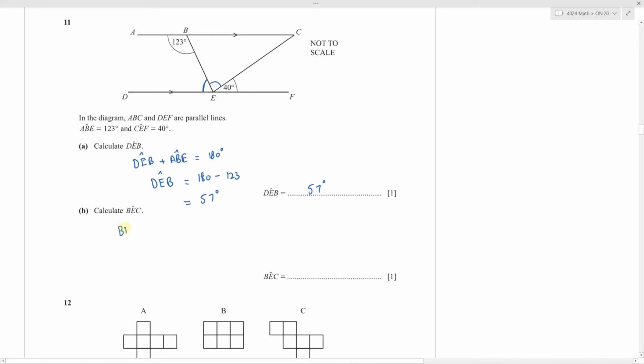So BEC, this angle, plus DEB, so DEB that we calculated in the previous part was 57, plus this angle which is 40, should equal 180 degrees. So BEC will be equal to 180 minus 57 plus 40 is 97, and then 180 minus 97 will be 83 degrees. So this angle here will be 83 degrees.